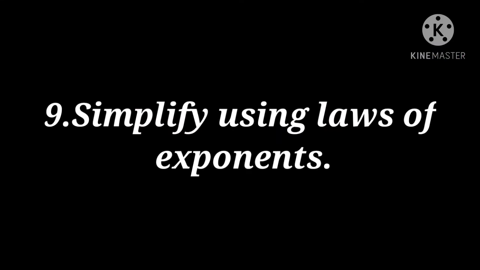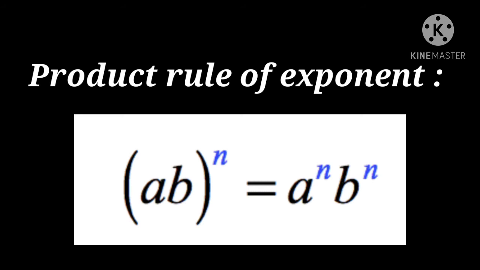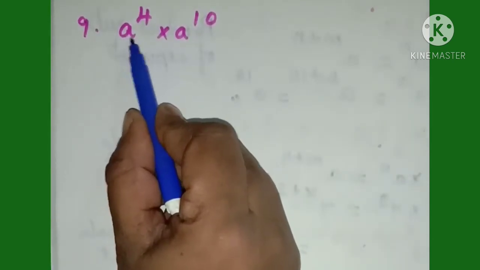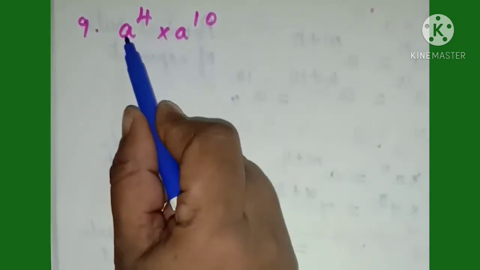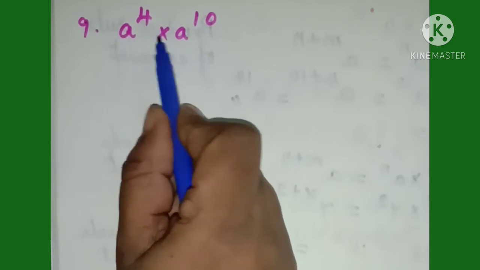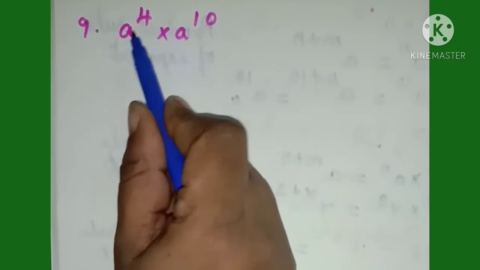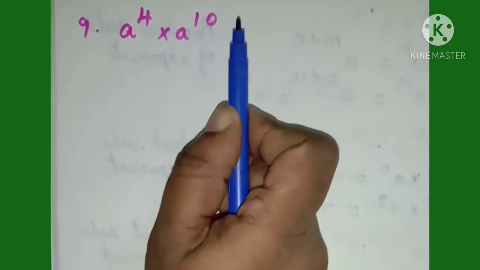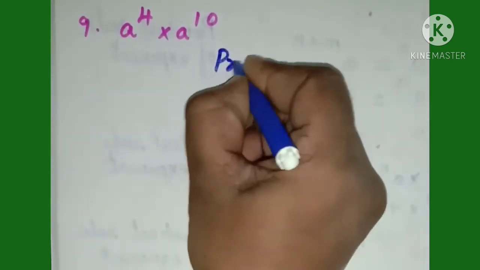Ninth problem, simplify using laws of exponents. Problems based on product rule of exponents. Using laws of exponent. Students, here see the problem and here the exponential numbers are given. So see the bases. The bases are same. So we are using product rule of exponent.